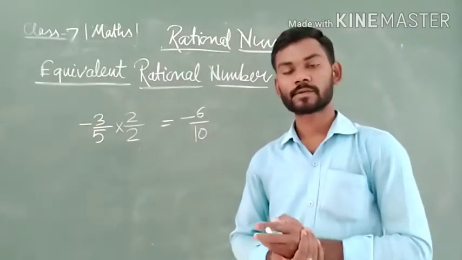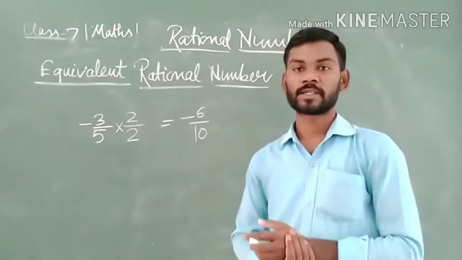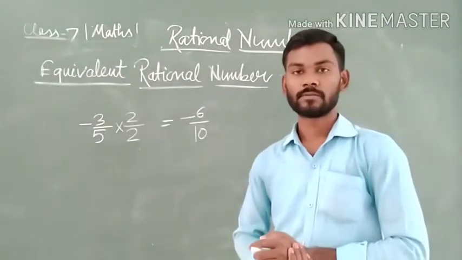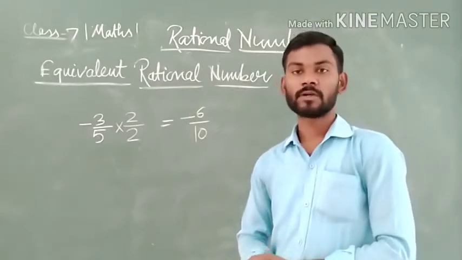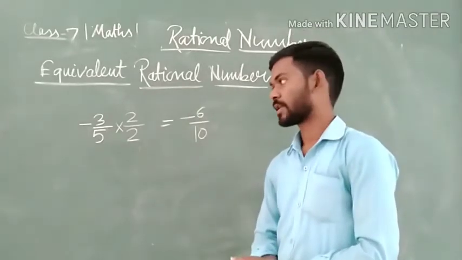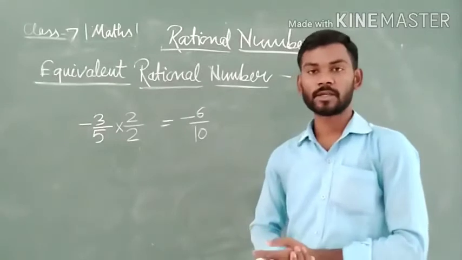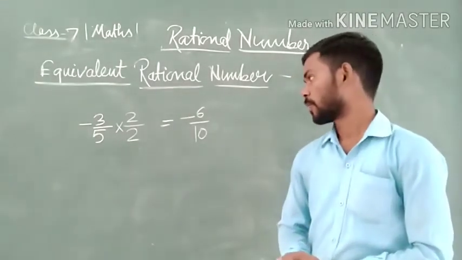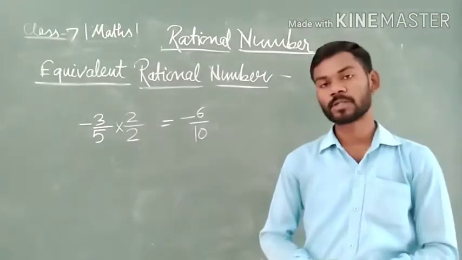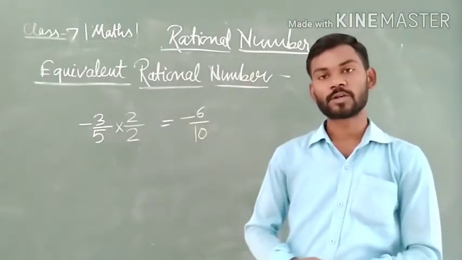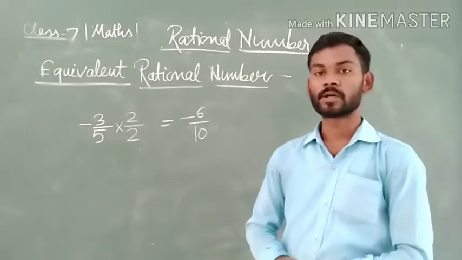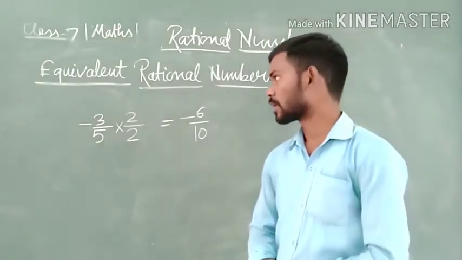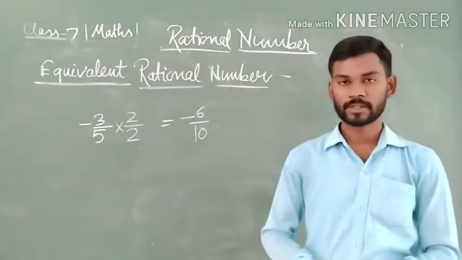There is only one difference: whenever the rational number is given with a negative sign, it must be kept in mind that the number by which we multiply does not change the sign of the given rational number. Okay, so this is the equivalency of rational numbers.